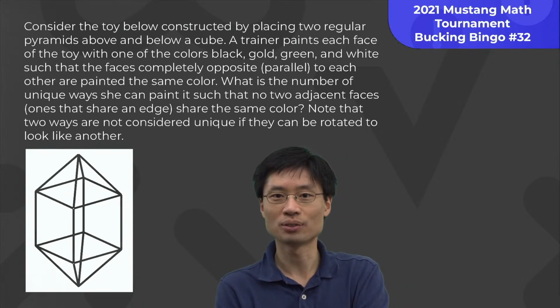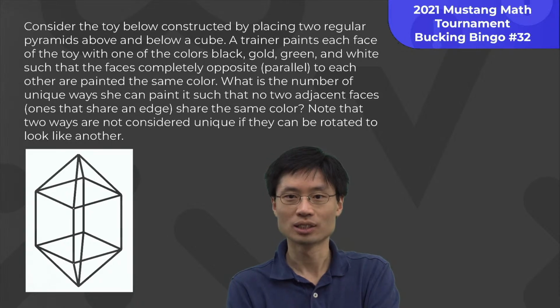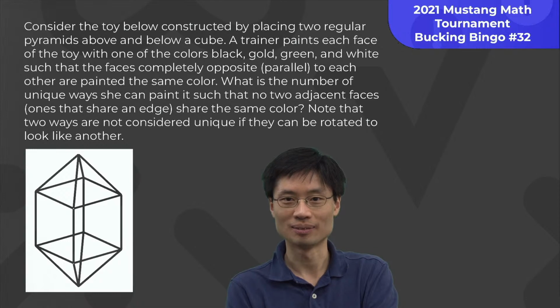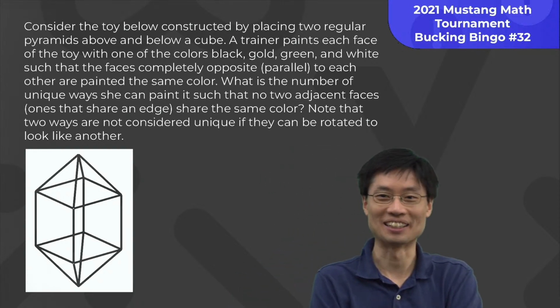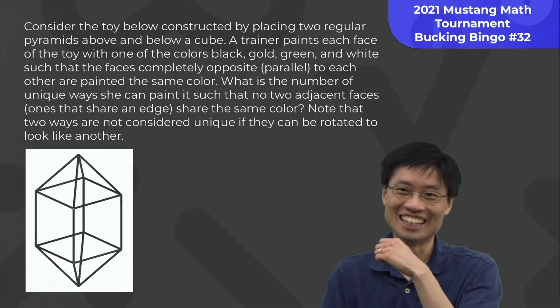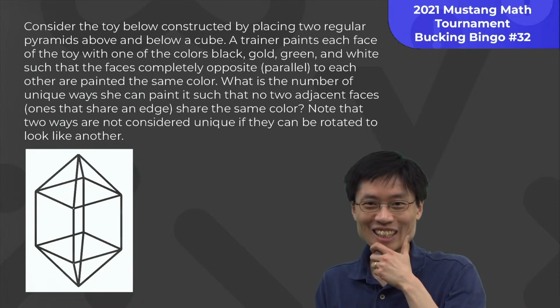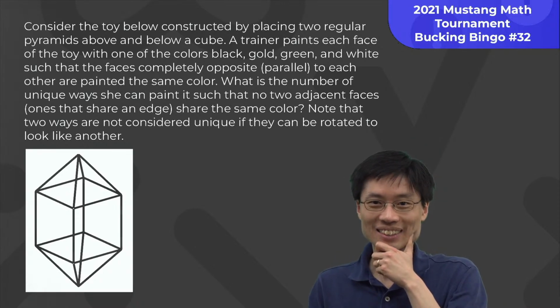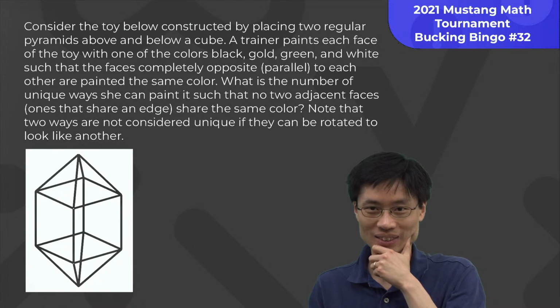What is the number of unique ways that she can paint it so that no two adjacent faces, which share an edge, share the same color? Note that two ways are not considered unique if they can be rotated to look like each other. Oh my gosh, how are you supposed to solve these problems? Okay, that's going to be hard.